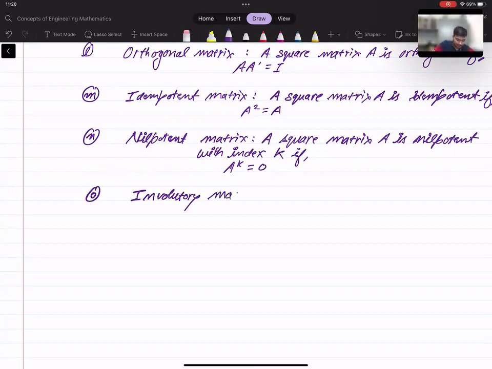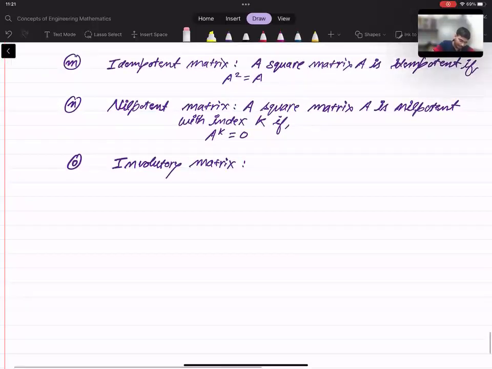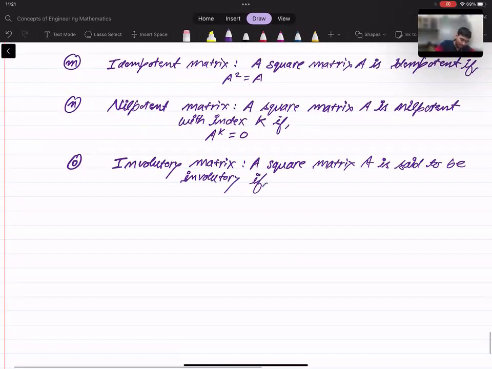Any square matrix A is said to be involutory if its square equals the identity matrix, A square is equal to I. So A square always results in an identity matrix.